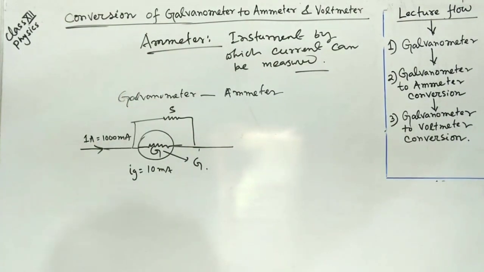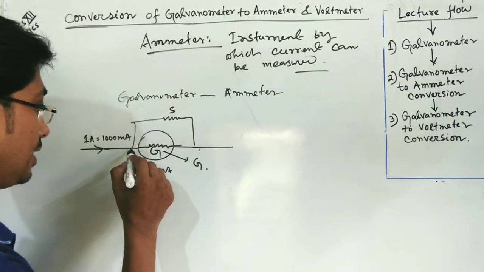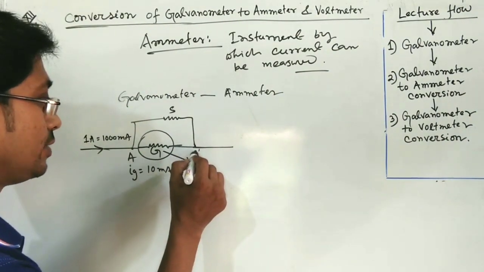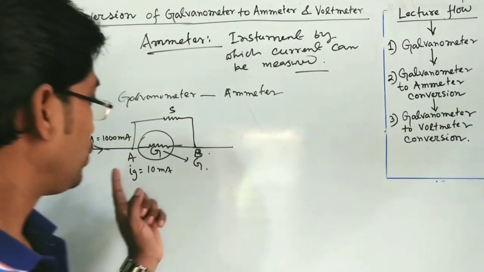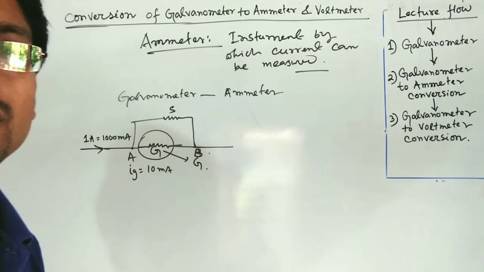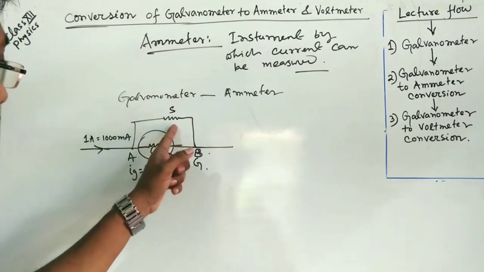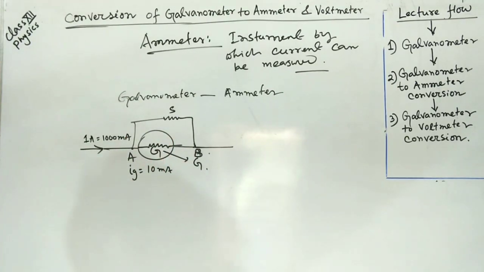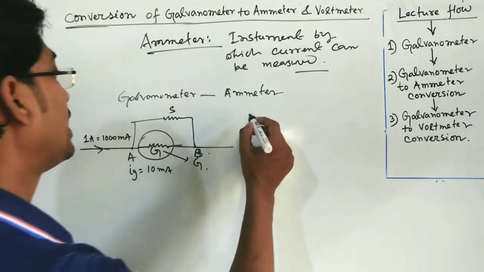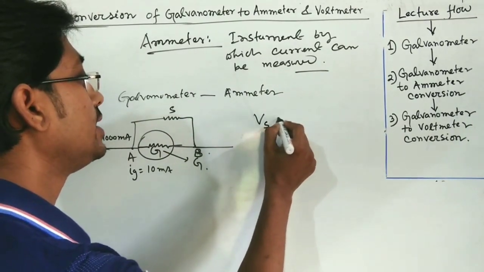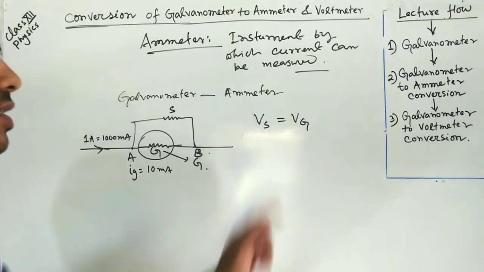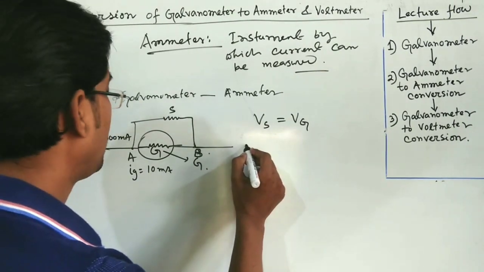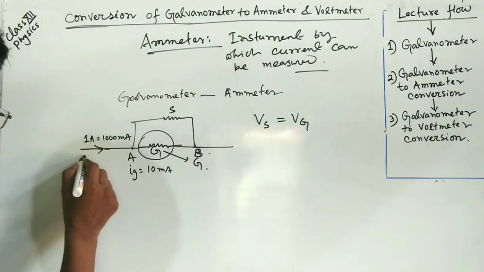Now you can see this point A and this point B. In between the two points A and B, the potential difference across the shunt and the potential difference across G are the same. So we can write the potential difference Vs is equal to the potential difference across the galvanometer.